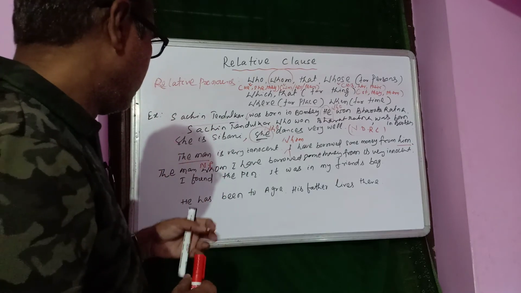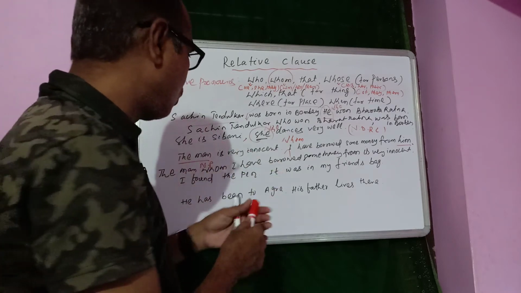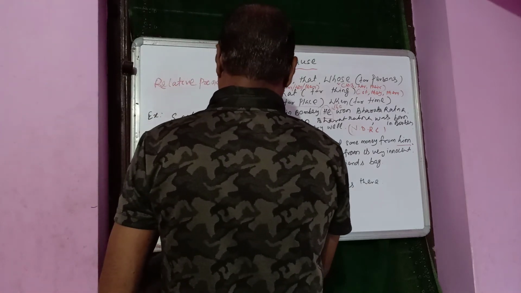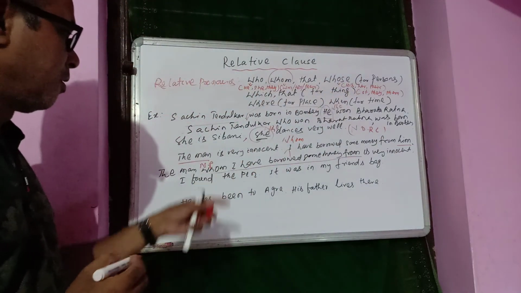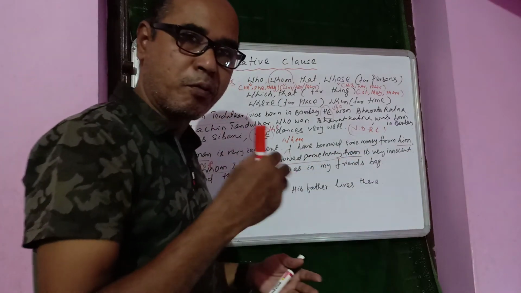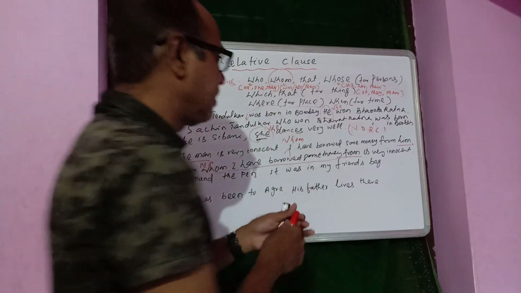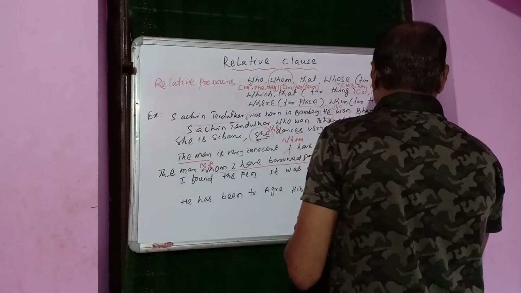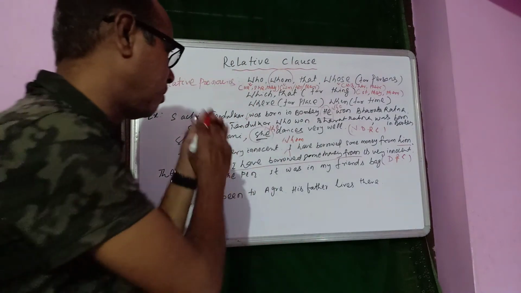Here, the man whom I have borrowed some money from is a relative clause, and the man is very innocent. So with the clause, this is a complex sentence. This is a defining relative clause. No comma is used here.